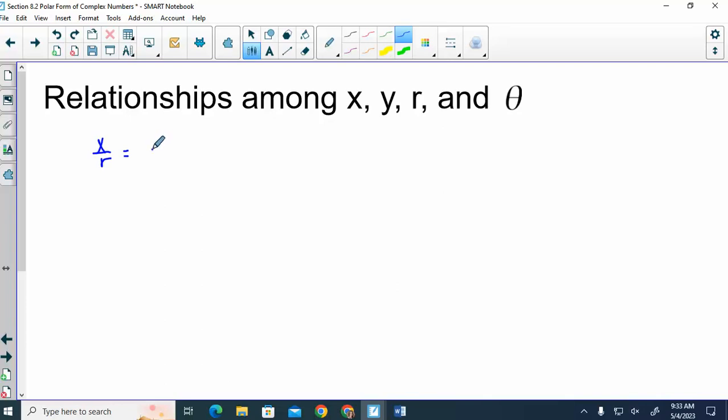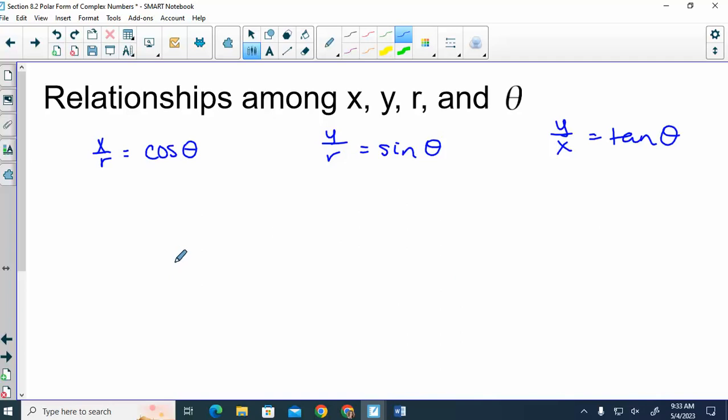That's cosine. And then y over r is sine. So we know this already. And then y over x is tangent. Good. And if you flip them, then it's secant, cosecant, and cotangent.